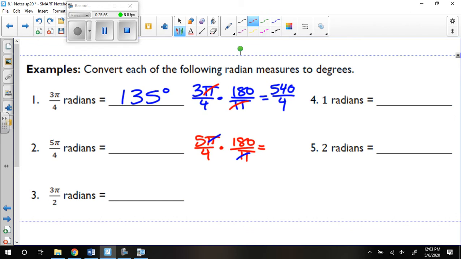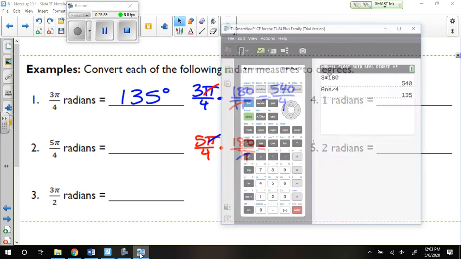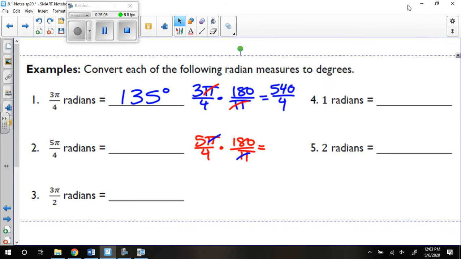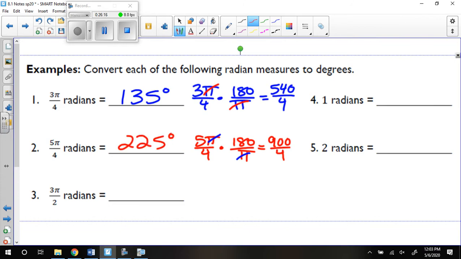So we're doing 5 times 180 divided by 4. Okay, so 900 divided by 4 is 225 degrees.